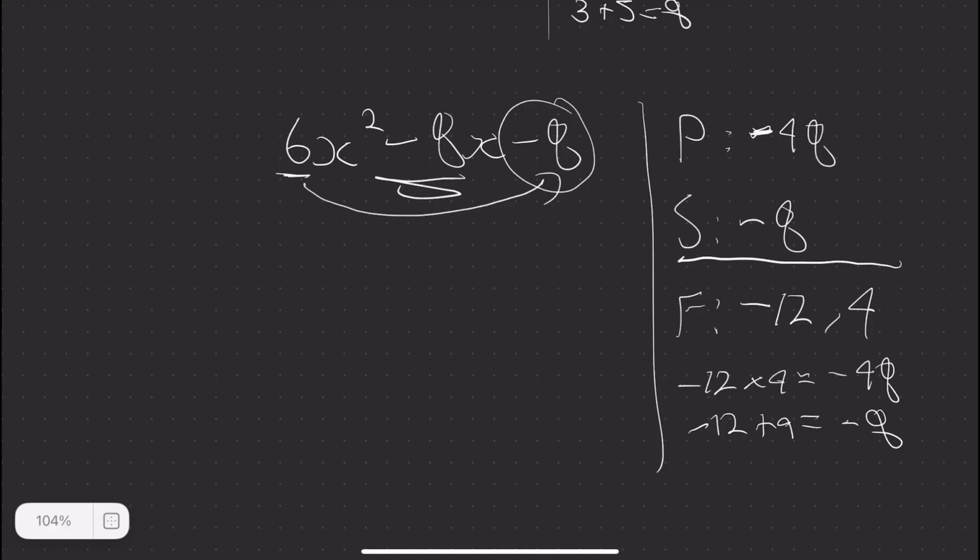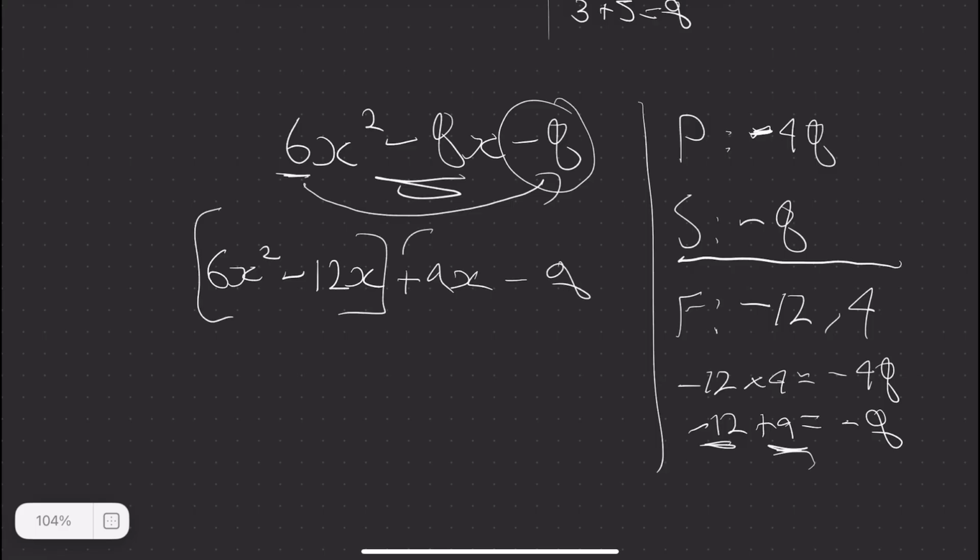Now for these non-monic trinomials, we first want to break this down into two binomials. So what I mean by this is we get a 6x squared minus 12x plus 4x minus 8. So now we have two binomials that we can factorize separately.